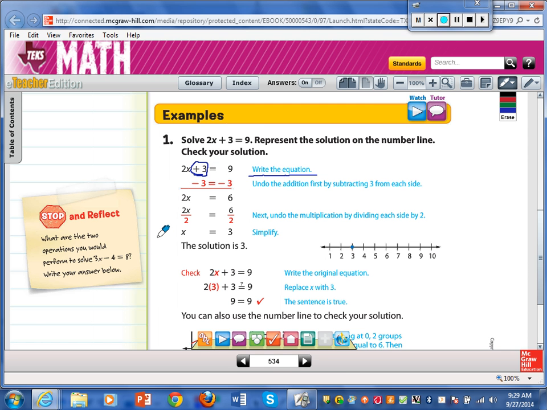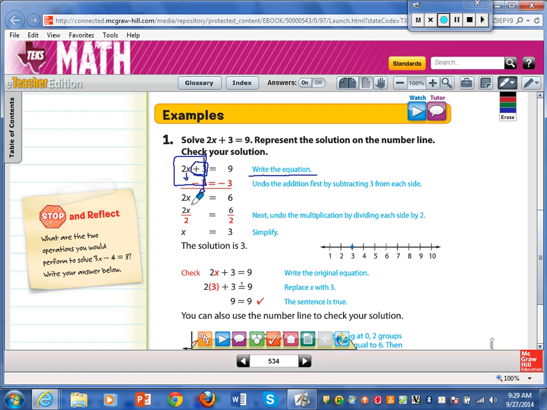To undo addition by 3, you subtract 3. But by the properties of equality, you have to do it to both sides. The 3 minus 3 cancels and becomes 0. The only thing left on this side is the 2x, so you bring that down.